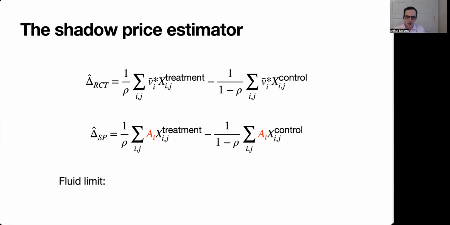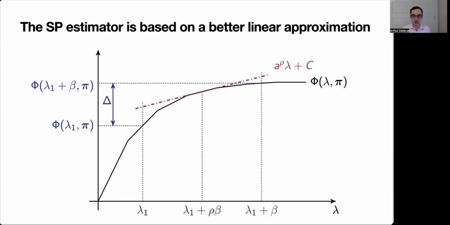So in the fluid limit, what does this end up looking like? It looks remarkably similar to our RCT estimator, where we have something that's linear in beta, linear in the demand arrival rate increase. But now the slope is not given by the average value, it's given by the marginal value. And graphically, what does that mean?